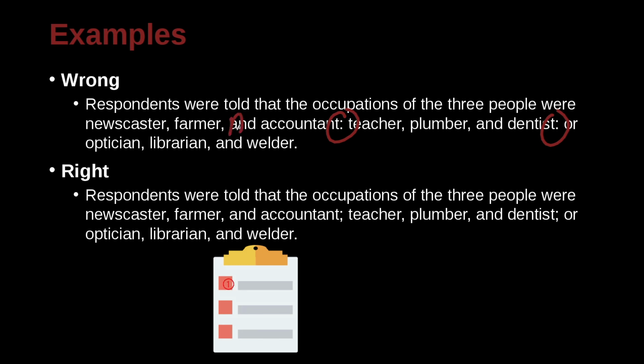This is A, and then this is B, and then this is C. And each list has three things: 1, 2, and 3, 1, 2, and 3, 1, 2, and 3. So how do we separate those? Because we've got a comma, a conjunction, and then what do we use? We use the semicolon, then comma, comma, and the last one has the conjunction there, and then a semicolon.